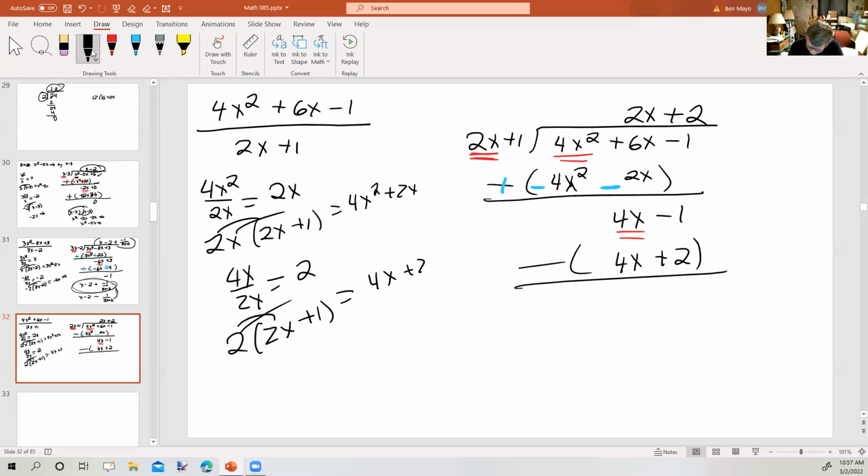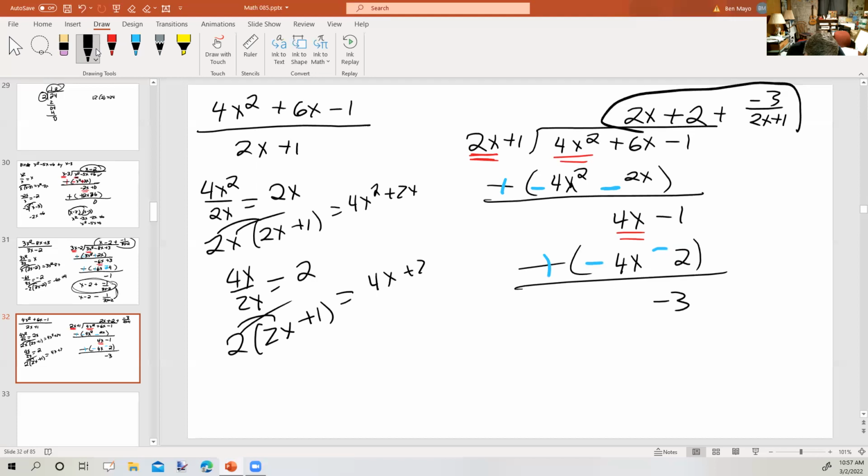Subtract that quantity from what's up above. Change it to addition of the opposite. 4x plus negative 4x is 0. Negative 1 plus negative 2 is negative 3. So I get 2x plus 2 plus negative 3 over 2x plus 1. And there's my answer. Okay with that?